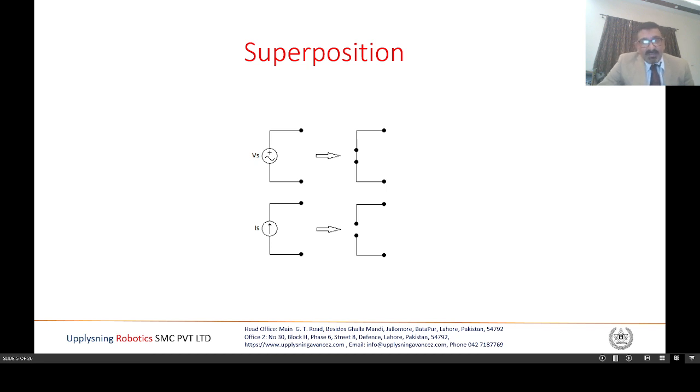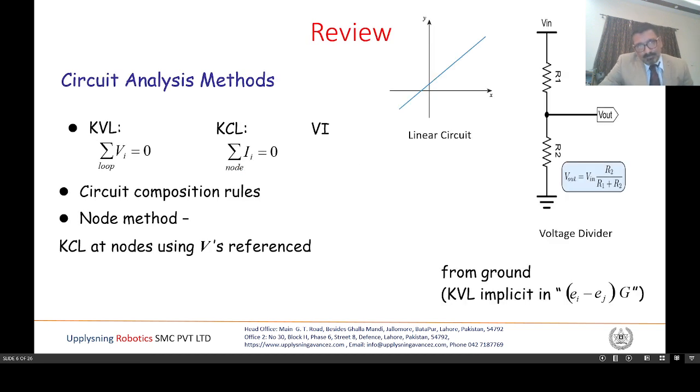What this means is that all the other independent sources are replaced by their internal resistance. A voltage source becomes a short circuit, meaning R is equal to 0. And a current source acts like an open circuit, meaning R is equal to infinity, a very high resistance. This is what we call superposition.